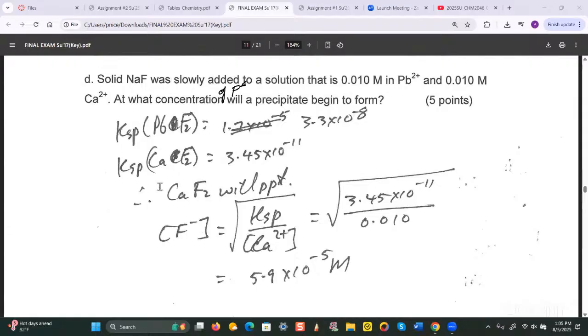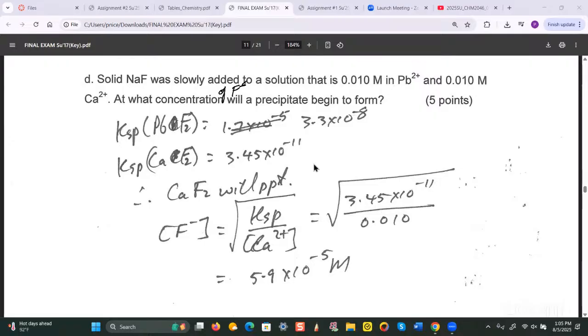So basically, the first thing you would do is consult the table and look up the Ksp value for the possible products of that reaction. One of them would be lead 2 fluoride and the other one would be calcium fluoride, right? So you go to the table and these are the numbers that you're going to see. Because the formulas are pretty much similar, with 1 unit of the metal to 2 units of the fluoride, we can simply compare these two to see which one will precipitate first.